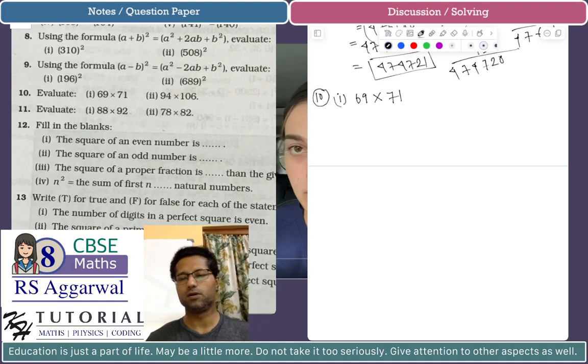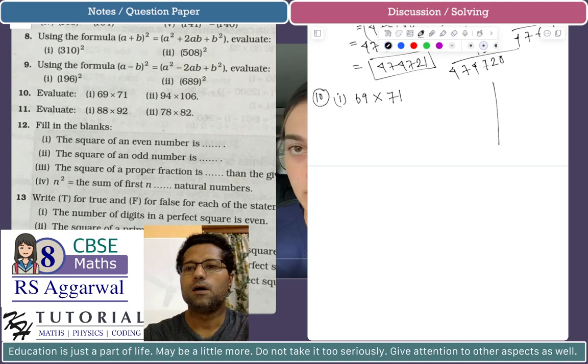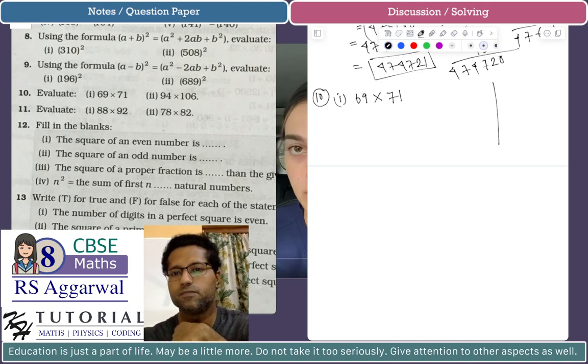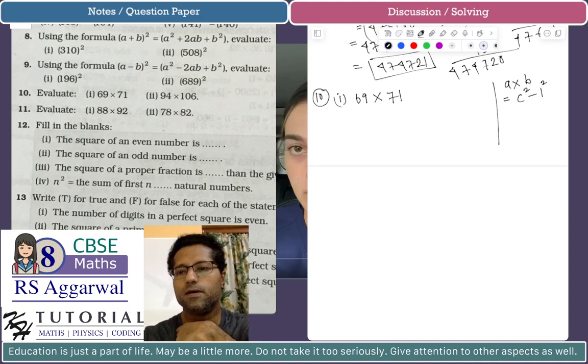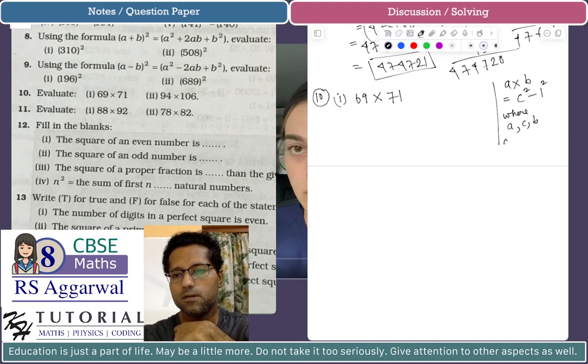We can clearly see that 69 is an odd number, and 71 is its consecutive odd number. So we know from the concept that A multiplied by B will be equal to C square minus 1 square, where A, C, B are consecutive natural numbers.